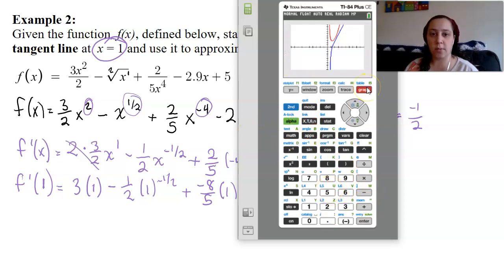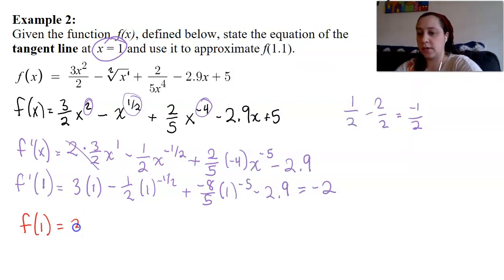So then let me press graph and trace, and I want x equals 1. Oh, that gave me my derivative graph again. So let me just go up, 1, enter again. So I get y equals 3. So let me write that down. F of 1 gave us 3.